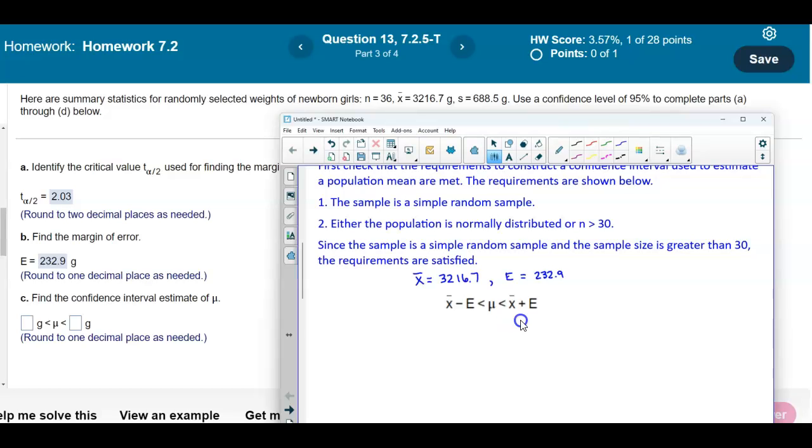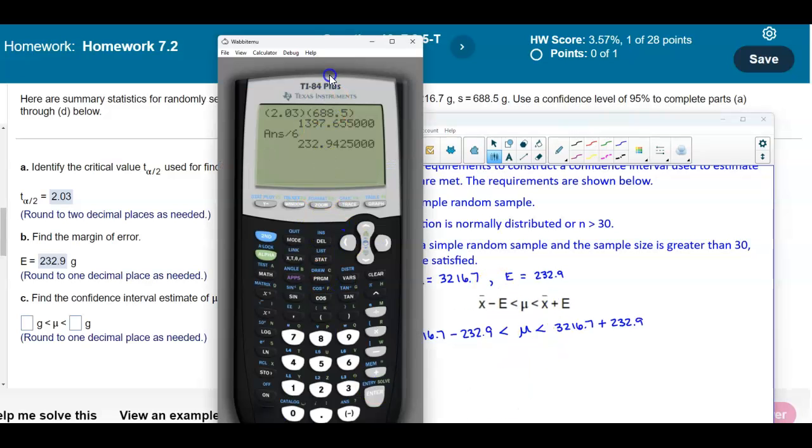On the left side, we have 3,216.7 minus 232.9, which represents our lower limit. On the right side, we have 3,216.7 plus 232.9. Now we just need to calculate those values.